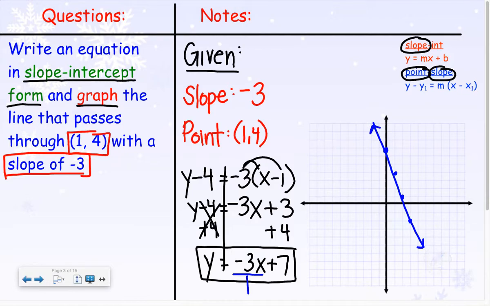There's my line. Let's check if this is right. My slope should be negative 3, and we did that part right. My line should pass through the point (1, 4). (1, 4) is right here, and my line passes through that point. So I am correct.